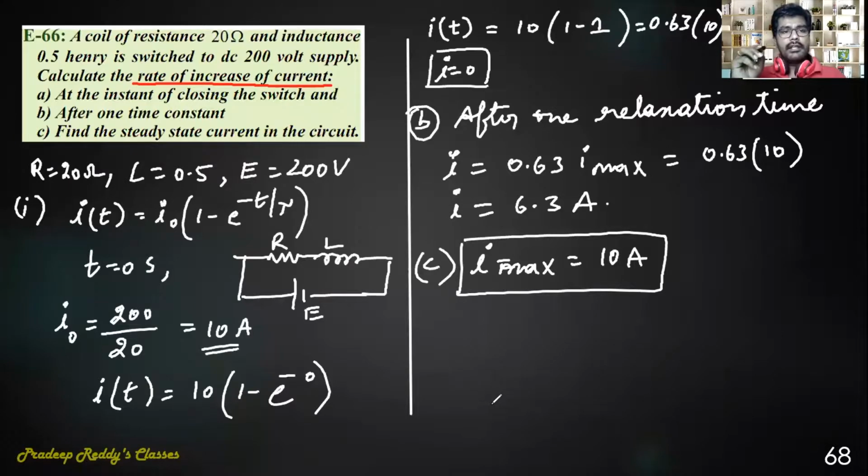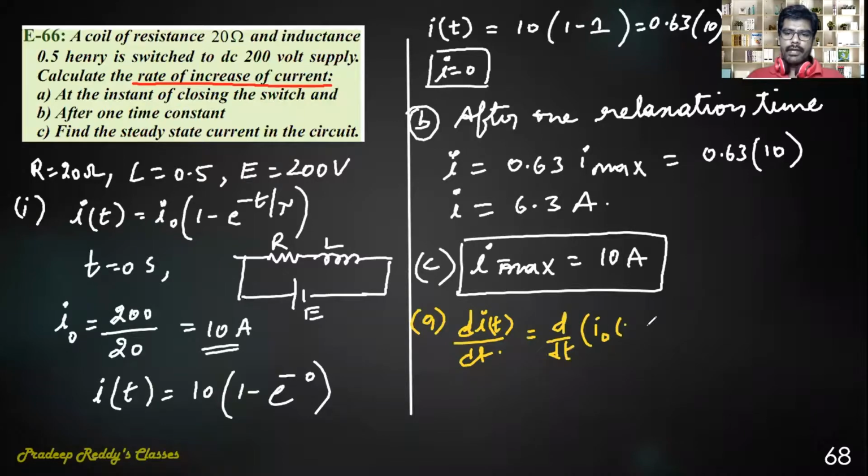But in order to calculate the rate of increase of current, I'll now write it as di by dt. You need to differentiate this. This is d by dt of I of t, which is I naught into 1 minus e power minus t by tau.